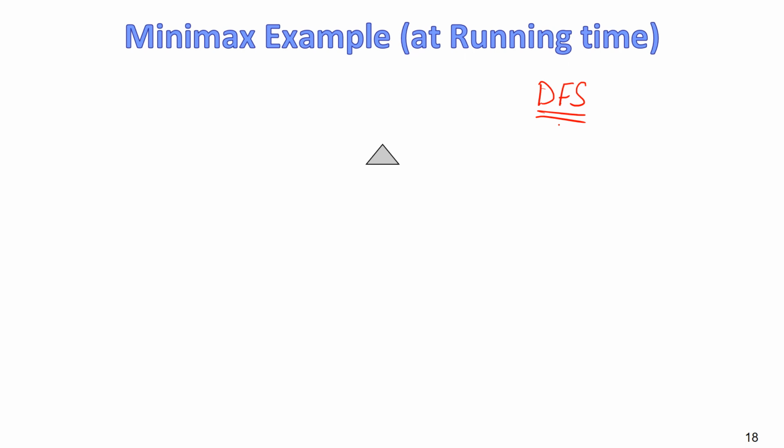So to go to the bottom and then up again, this is exactly what we do in DFS. So at the root of the search tree, we start, and that state, since it is not terminal, will call the value of the children.